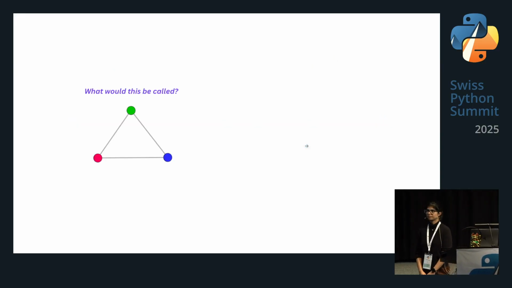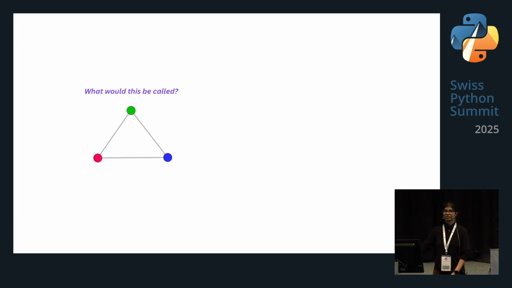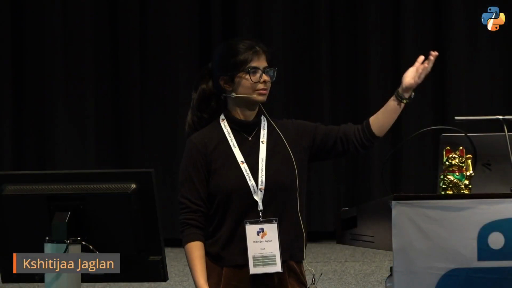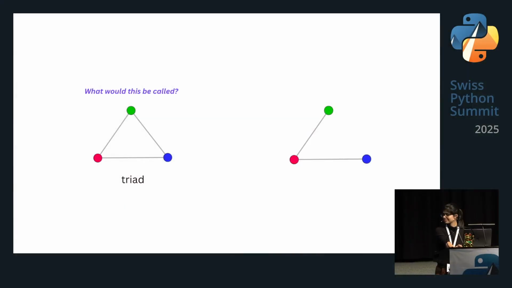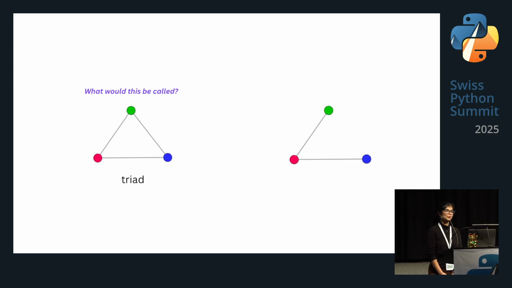Now, extending from our definition of dyad, what do you think this triangle might be called? Triad. Yes, perfect. It is a triad. What's this? Slightly difficult question. Triangle, okay. Broken triangle or broken triad?